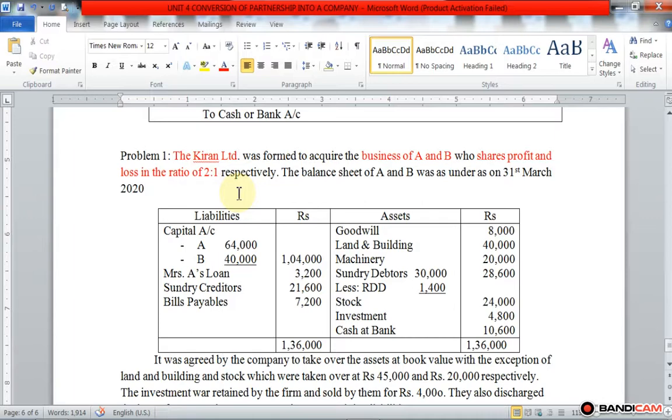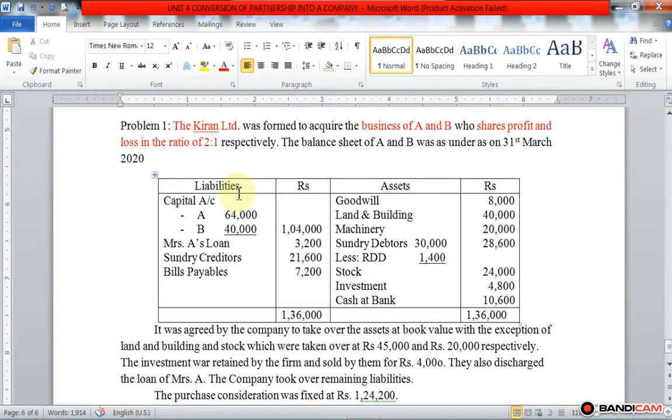Then stock rupees 24,000, investment rupees 4,800, cash at bank rupees 10,600. Total of assets is rupees 1,36,000. So total of assets and total of liabilities are equal, that is 1,36,000 on both sides.